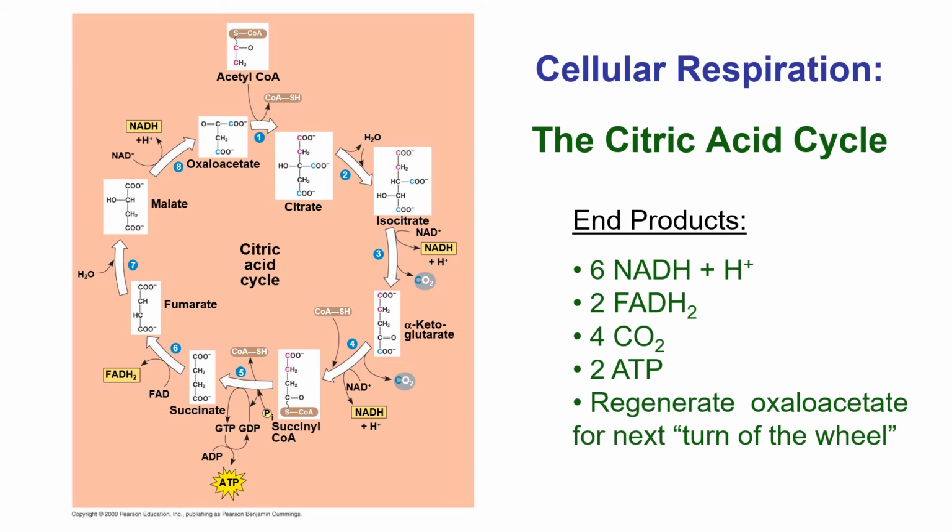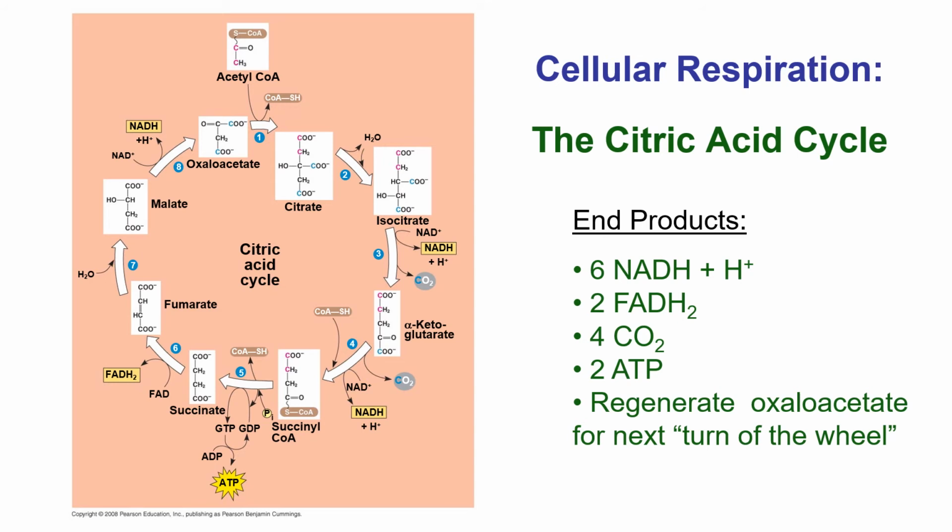And you can see what's going to happen is that citrate is going to be rearranged into isocitrate, etc. We have rearrangements of this molecule back to oxaloacetate. In the process, 2 carbons are lost, and you can see they're being pulled off as carbon dioxide.